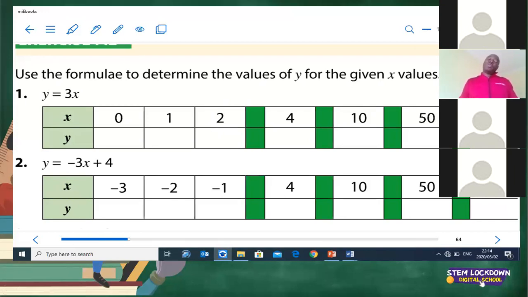Remember, all that you need to do is just to substitute, and then you'll be sorted. This will be 3 times 2. If x is 2, then you'll have 3 times 2, which is 6. Then it means the value of y there will be 6.